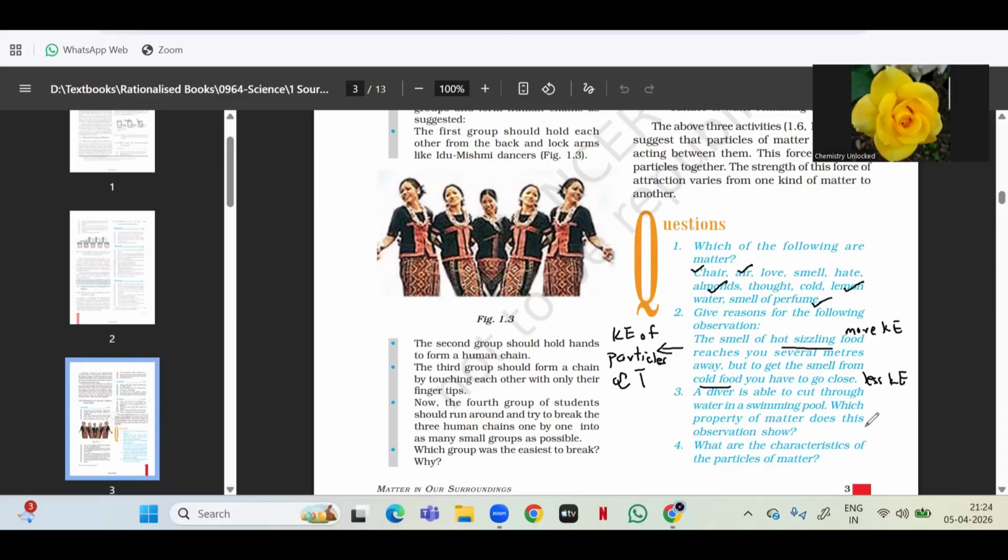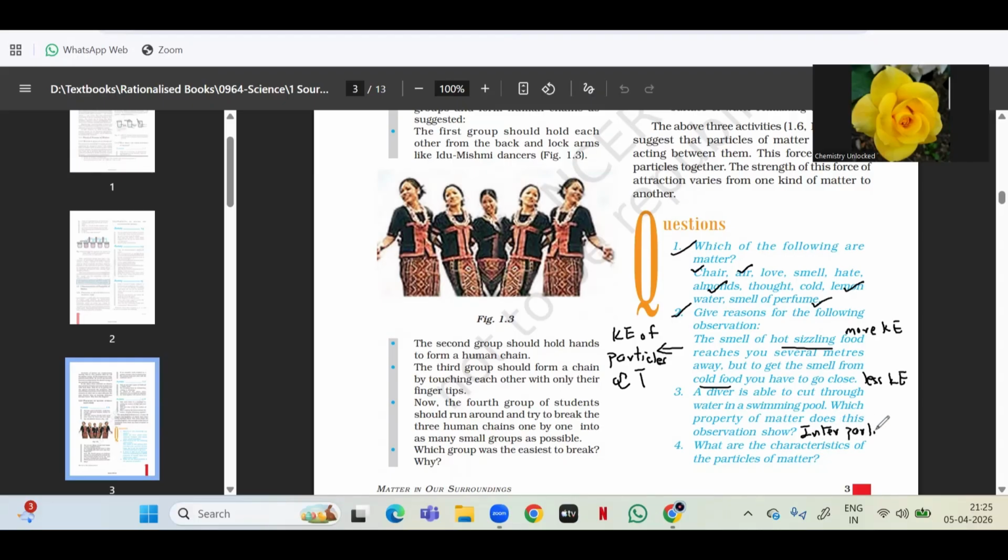Third, a diver is able to cut through water in a swimming pool. So first is done, second is done. Which property of matter does this observation show? A diver is able to cut through the water in the swimming pool. So cut through, the property with which it is attached is interparticle spaces.